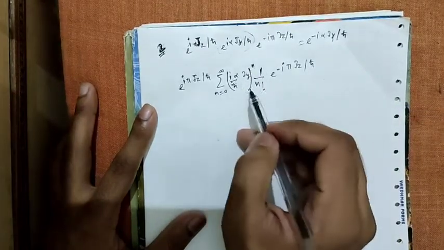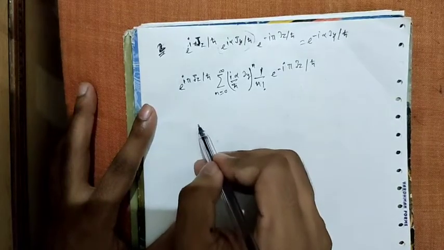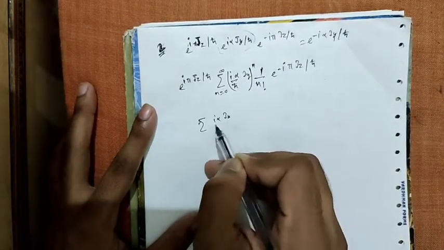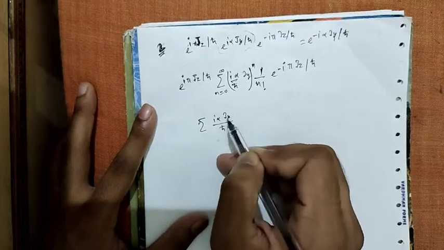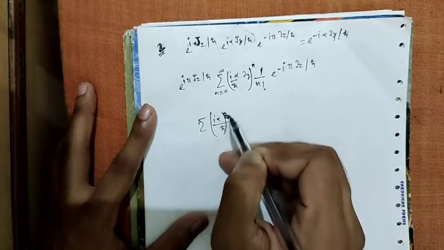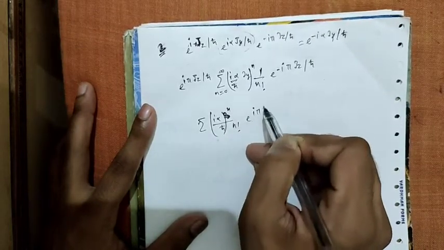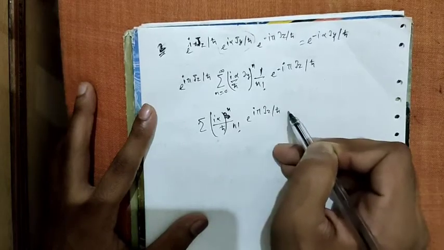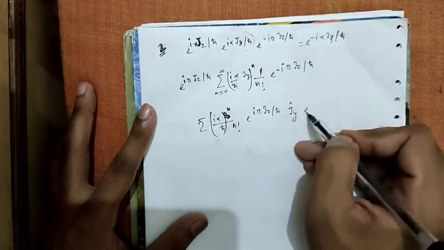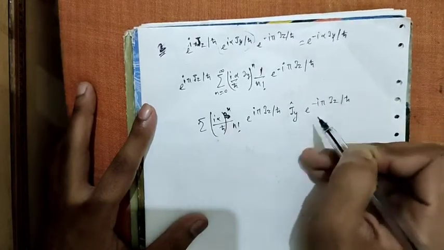So we have e to the i pi Jz by h cut, Jy, e to the minus i pi Jz by h cut.